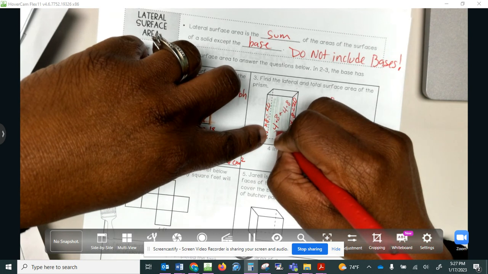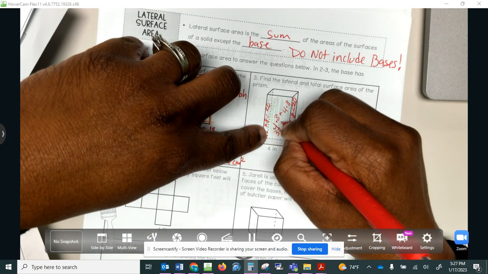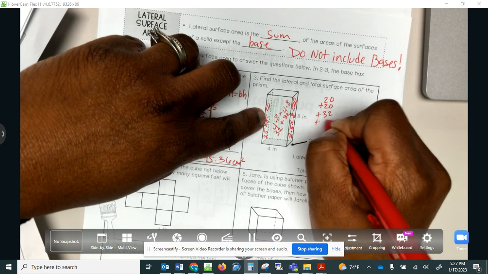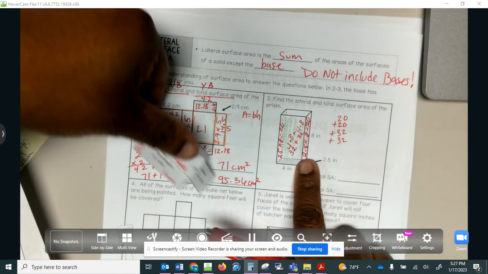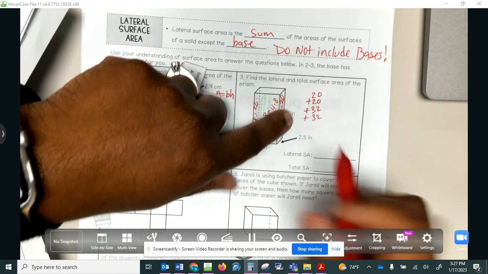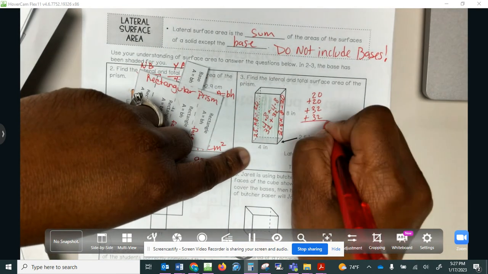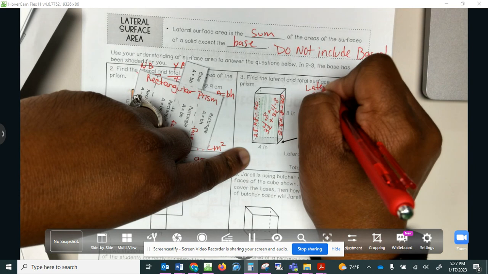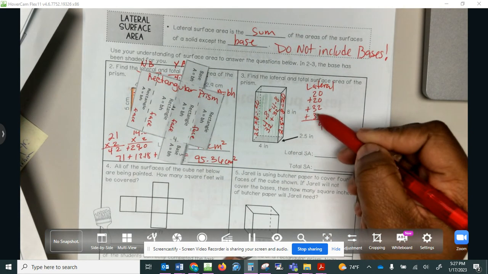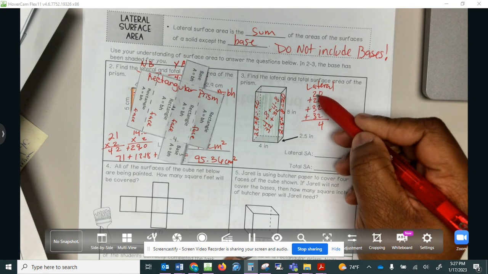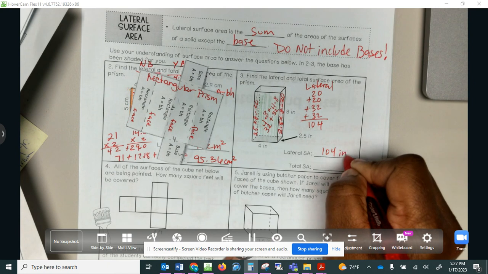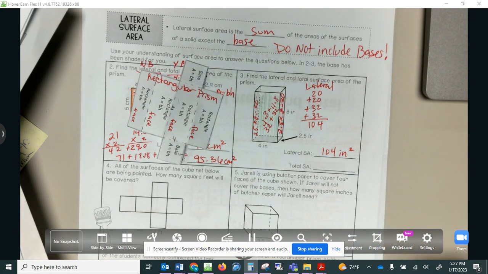So that's 32, and then plus 32 from the other side. And again, you can just draw it out like this and work it from there if you need to. So now I have 4 measurements because this is my lateral. And so that's 4, that's 3, 6, 7, 8, 9, 10. So that means my lateral is 104 inches squared.